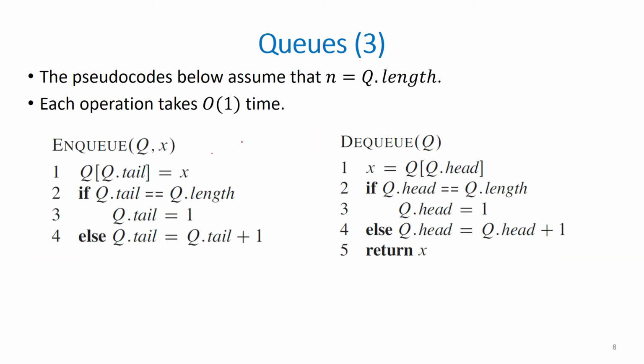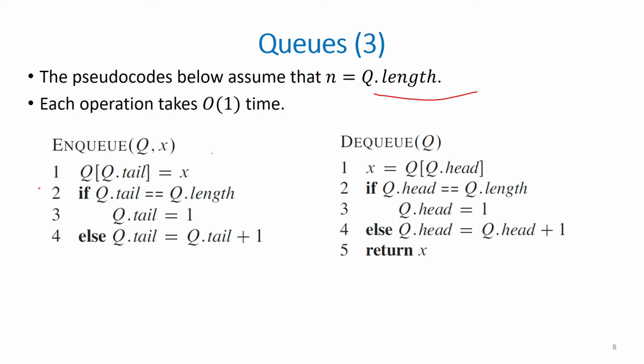Assuming that array Q is of length n, the pseudocode for ENQUEUE and DEQUEUE are given as shown. Again, since there are no loops or iterations involved, they both have a constant running time. Also, the maximum number of elements that can be queued in array Q is n - 1 and not n.